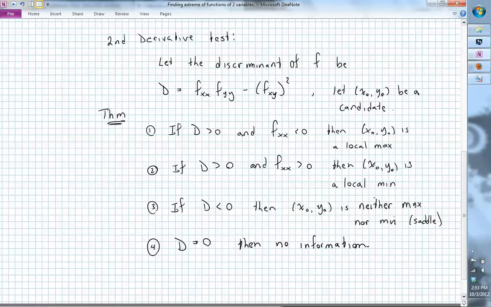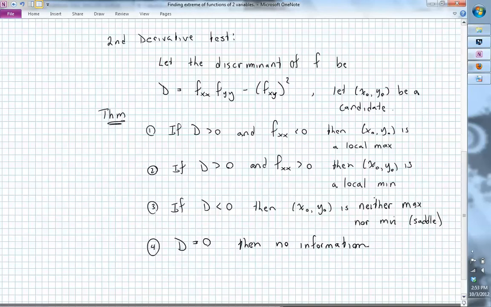This seems like a lot of conditions, a lot of branches in the decision tree. Let me try to reassure you a little bit. Let me try to parse some of these things for you. If the discriminant is positive, then we know something. We know that it's a maximum or a minimum. So that's right off the bat. Now, how do we decide?